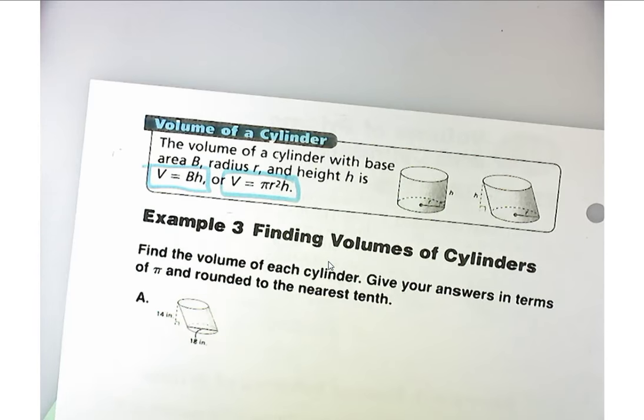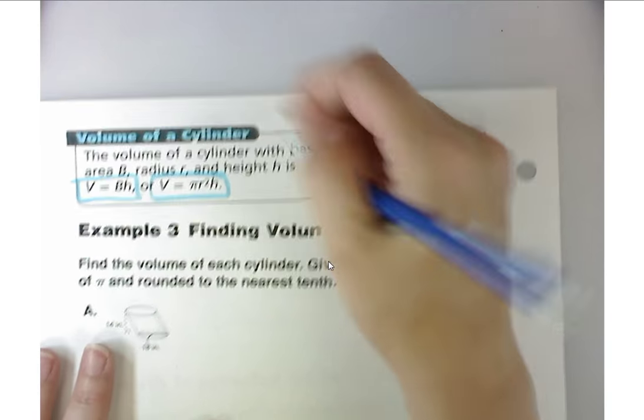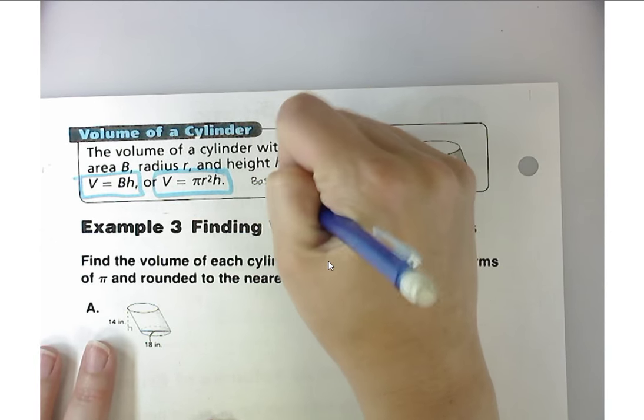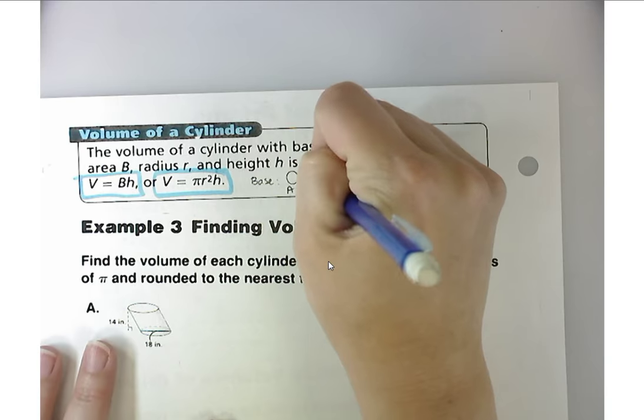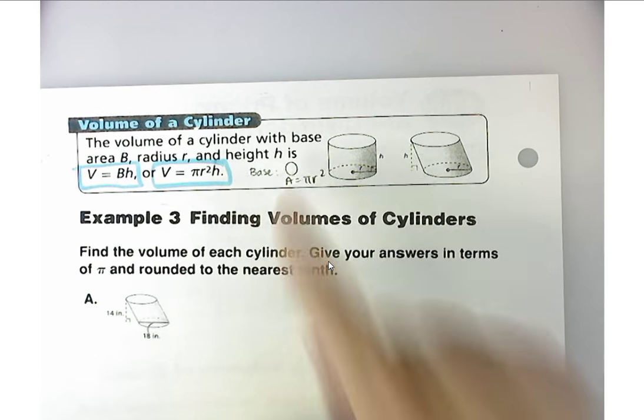Okay, so because the base is a circle, we know that the area is going to be pi r squared. That's where that equation comes from. It's a pretty good freehand circle for me.